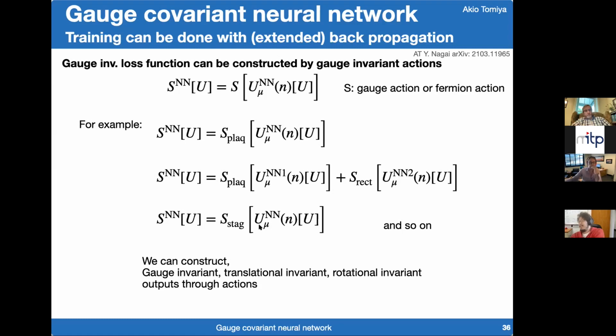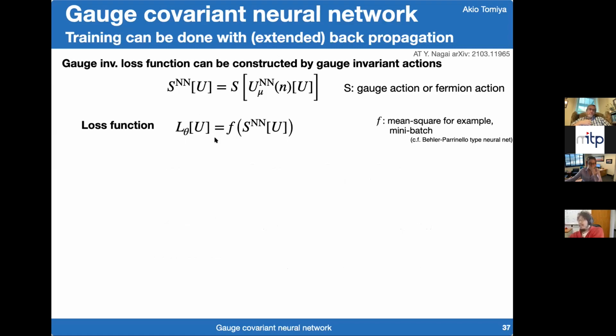Or this is another example: we can use the neural network to parameterize the staggered action. We can construct gauge invariant, rotational invariant, translational invariant actions using this covariant network.